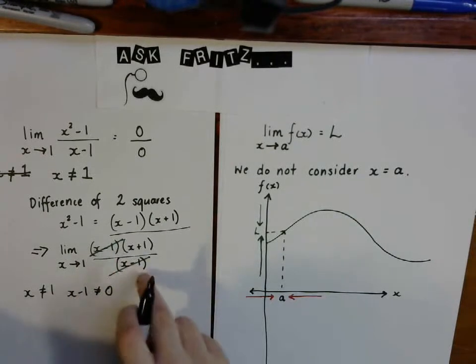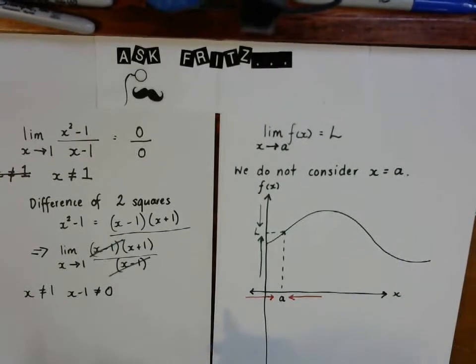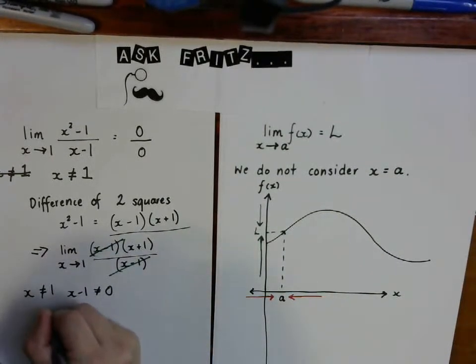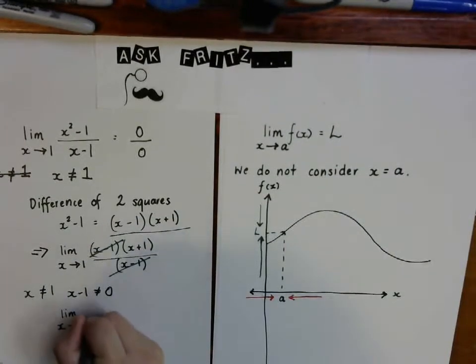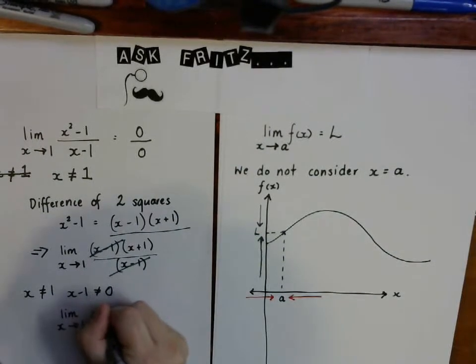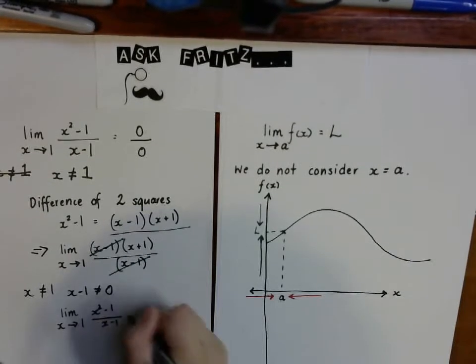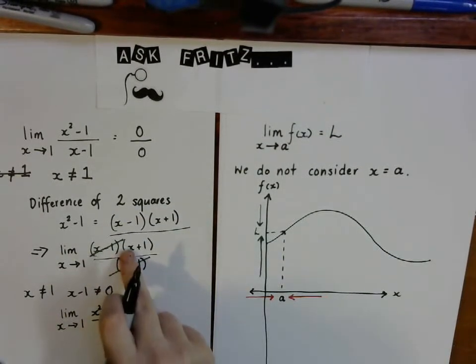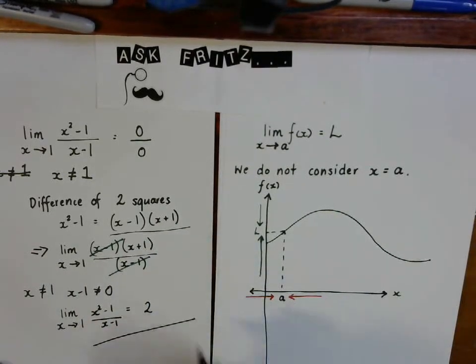So that's why we can eliminate these factors. So we end up with evaluating the limit as x approaches 1 or tends towards 1 of (x squared take 1) over (x take 1) equals, and here we do a direct substitution, 1 plus 1 is 2. That's your answer.